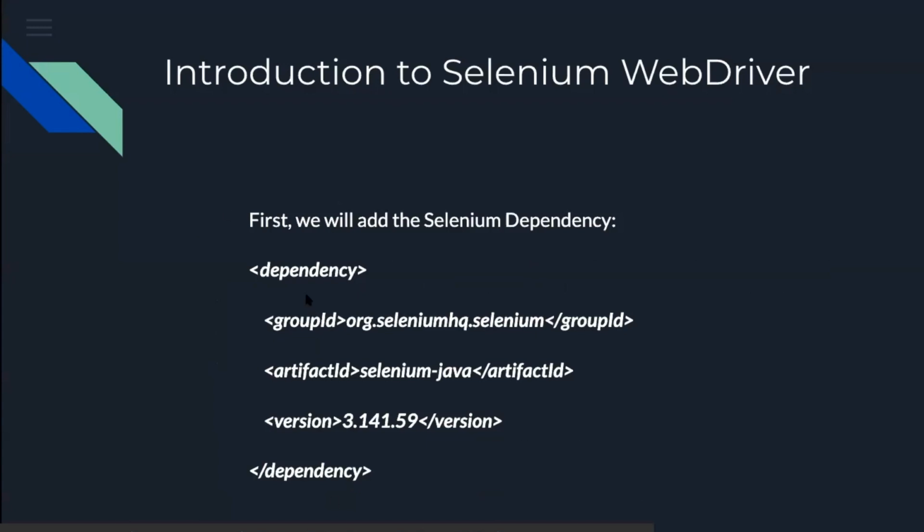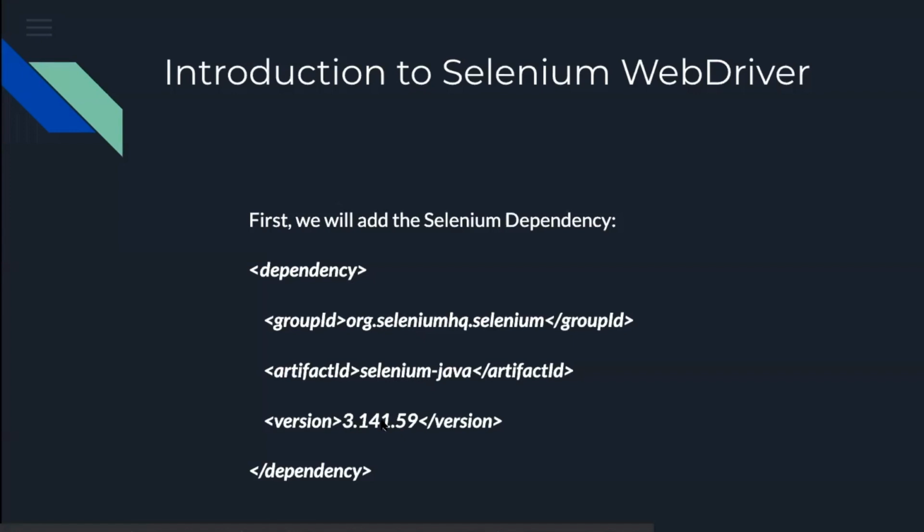You don't need to remember or memorize it. We just have the Selenium Java, this is the artifact, and we have the version. Let's say that tomorrow Selenium 4 will be released, the full version, not the beta version, and we will start using that. The only thing that we would have to do in our project is just change the version from the version that you see here to version 4 or 4.1 or whatever it will be.